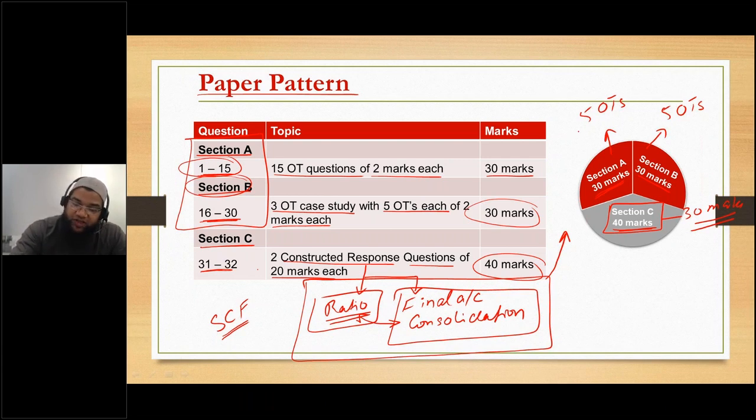So out of 15 OTs, you need to mark only 5 of them correct. And similarly in Section B also, out of 15 OTs, you need to mark only 5 of them as correct. So 5 OTs from Section A, 5 OTs from Section B, and 30 marks from Section C. 30 marks basically means 15 marks in each of the questions.